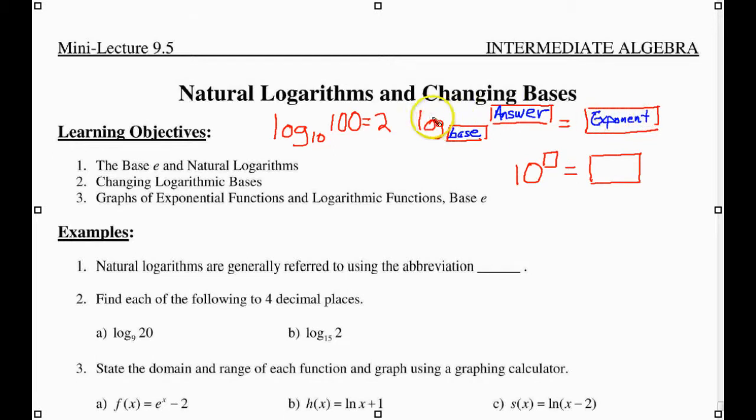Now, this is the logarithmic form. And we said this was, in a sense, connected to our exponential form, where there is our base. Now, 10 to the what power is going to be the answer?